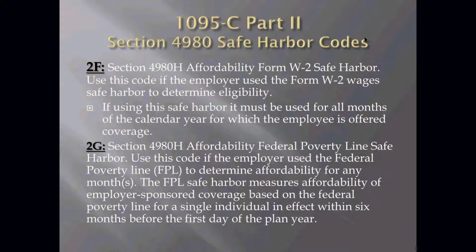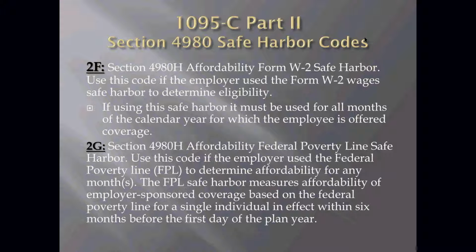So if you based your coverage on the lowest paid employee at 9.5% of their gross salary, and that's the amount that the employee has to pay, you can use this coverage code. For the bulk of our groups, you will be able to use this code if you would like, because your coverage is going to be considered affordable.